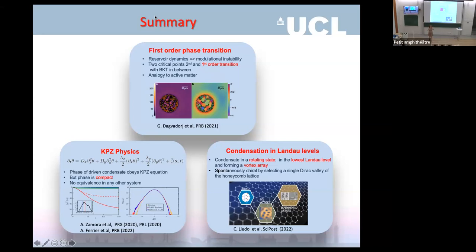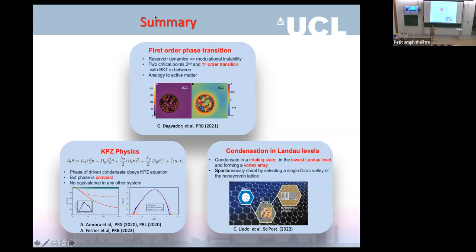As I mentioned only in words, in equilibrium you have this upper bound of 0.25. Out of equilibrium, I don't know whether there is an upper bound, but you can definitely go above. And we went numerically up to 1.2.